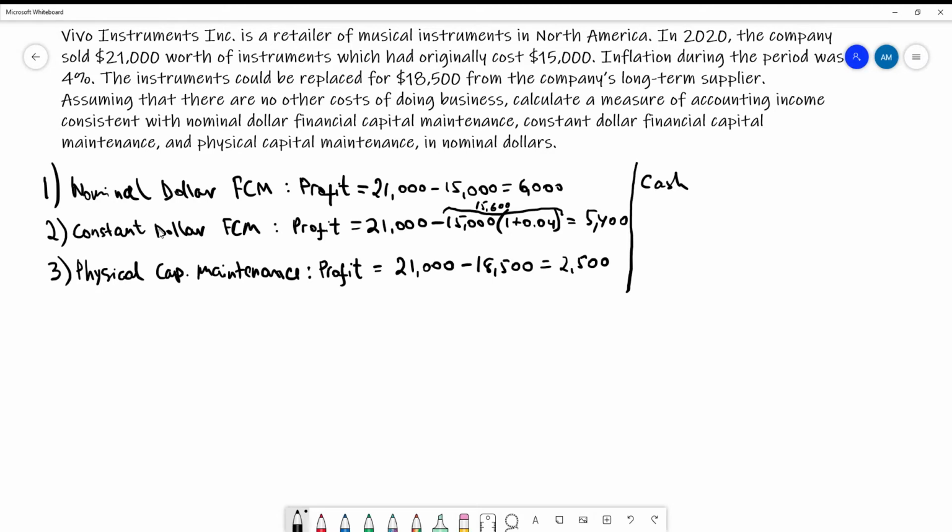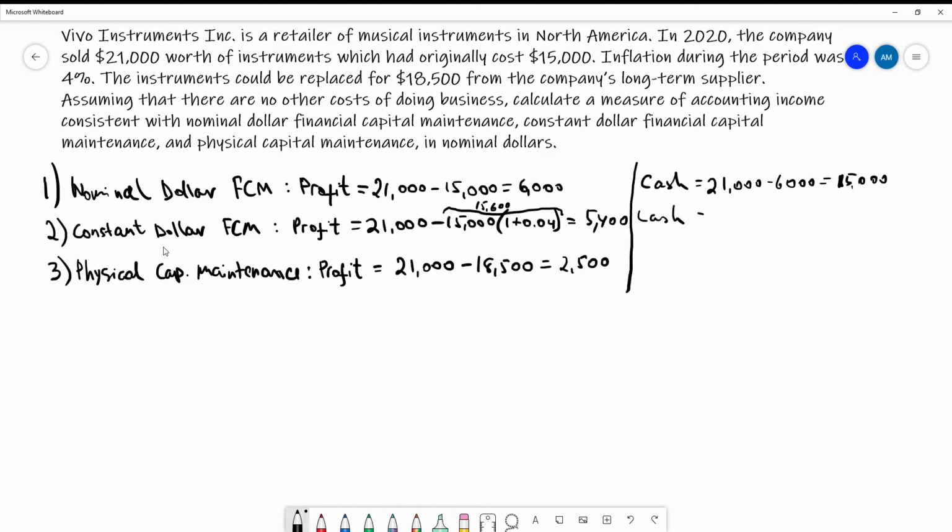There's only sales and this cost, and nothing else, right? So it paid its profits to its shareholders. So let's calculate cash here after paying out those dividends. So in the first case, remaining cash is 21,000 minus 6,000, right? As you can see there, it's 15,000.